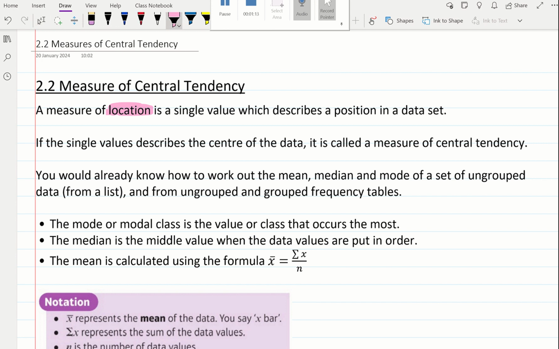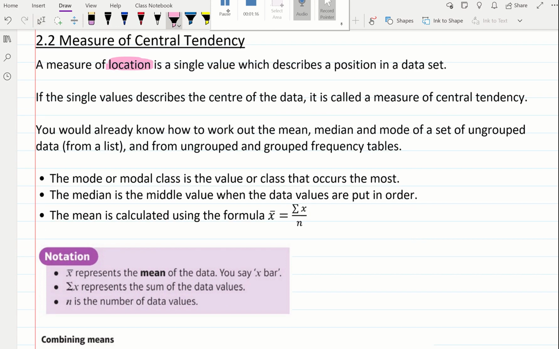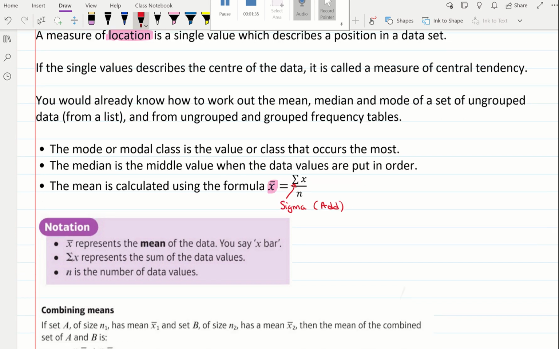The symbol for the mean is x bar, and this of course is sigma x over n, where sigma x means I am adding up the x values, the data values, and n is the number of data values.